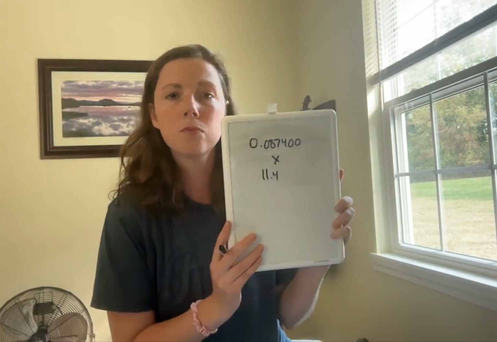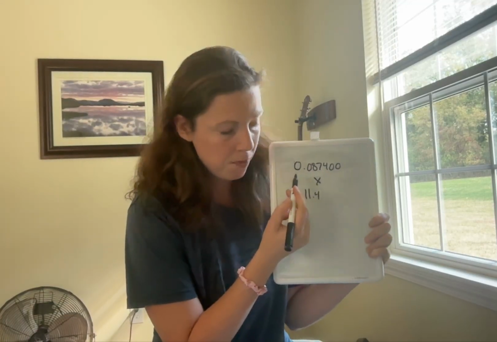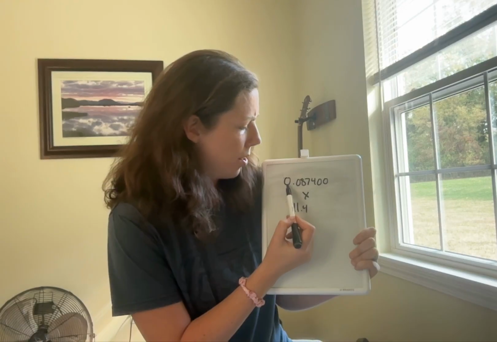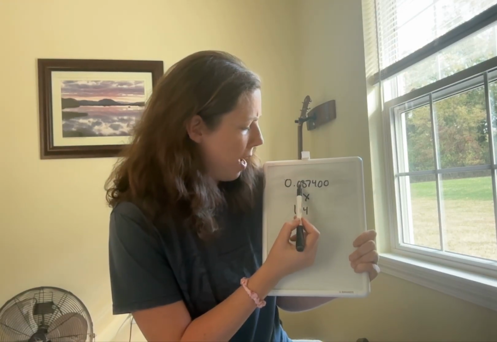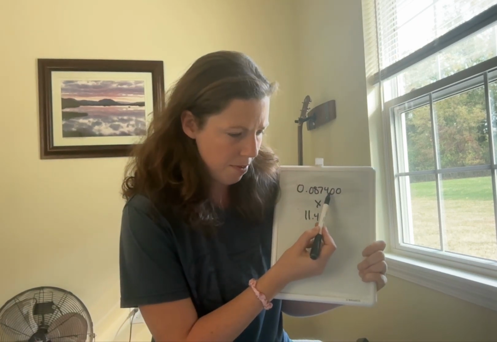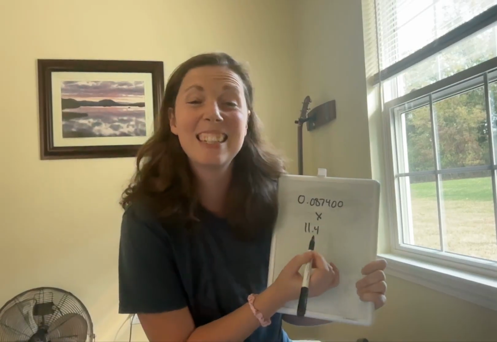Say we had 0.087400 times 11.4. How many sig figs are in this number? We know that before the decimal point, this is not significant. So we have 1, 2, 3, 4, 5.